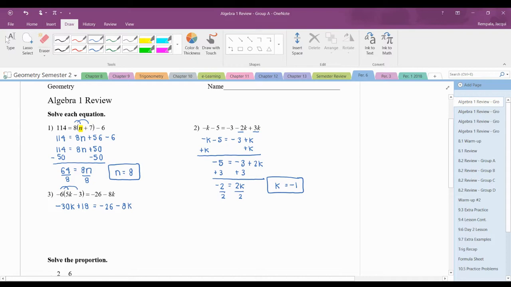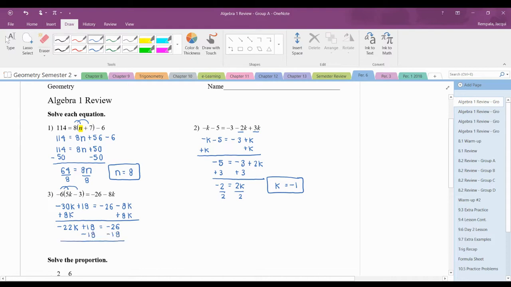So once again, we have variables on both sides of the equation. It doesn't matter which one of those we want to move. So this time, I think I'm going to move the negative 8k over to the left-hand side by adding it. So then that's going to give me a negative 22k plus 18 to equal negative 26. I'm going to then move the 18 over by subtracting.